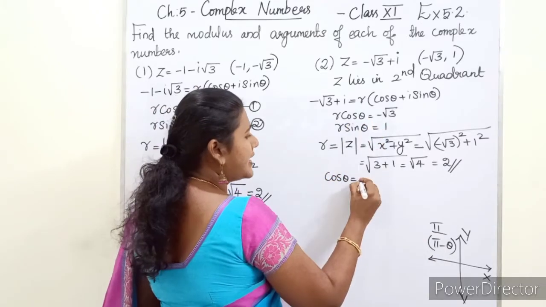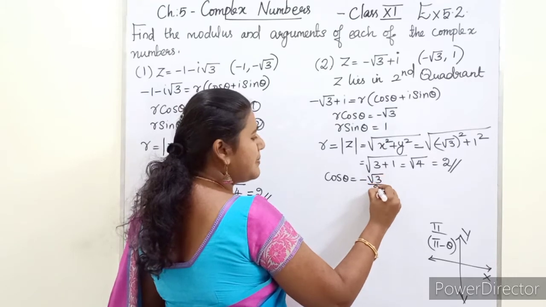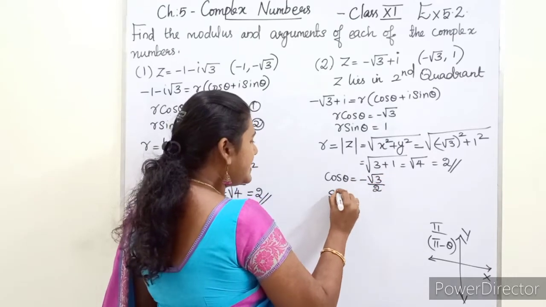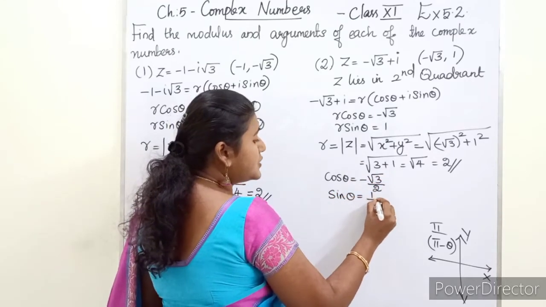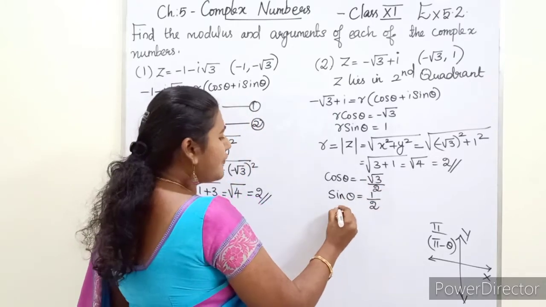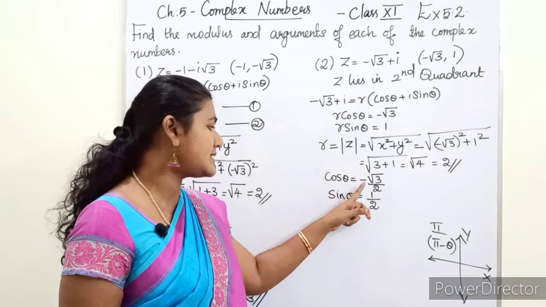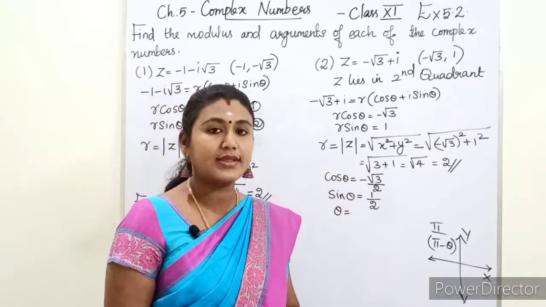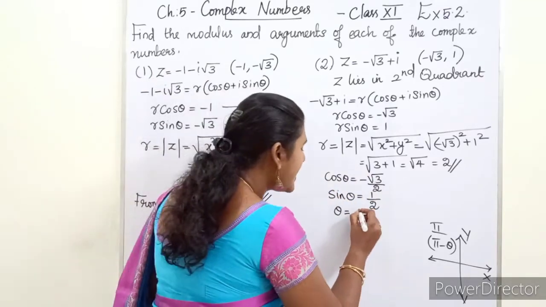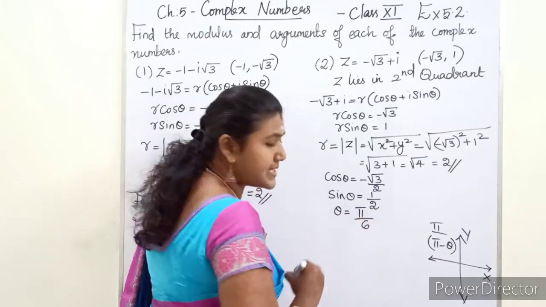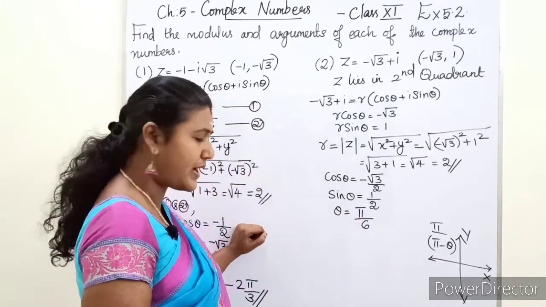From this we can write cos theta equal to root 3 by 2 and sin theta is equal to 1 by 2. So the angle for which cos theta is root 3 by 2 and sin theta is 1 by 2 is 30 degrees. So theta is equal to pi by 6.